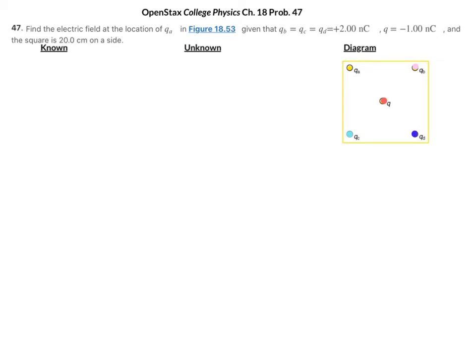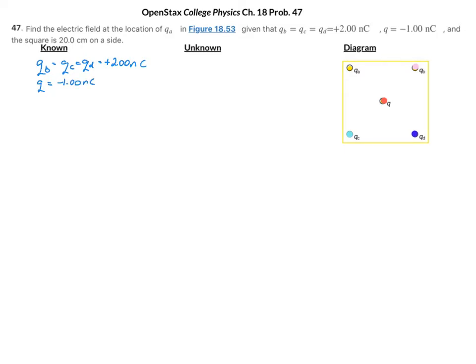So let's write down the things that we know and then what we're looking for. I've already color-coded my different charges, and I'm going to try to stick with those colors. So for now, I'm going to write down the things that I know. QB equals QC equals QD, and that's plus 2 nanocoulombs, and just Q is negative 1 nanocoulomb.